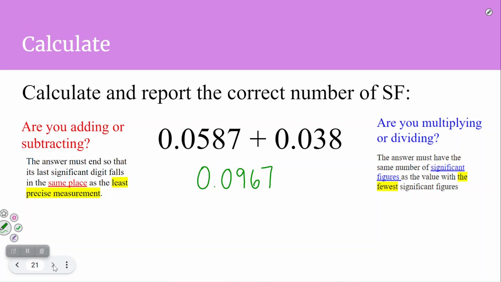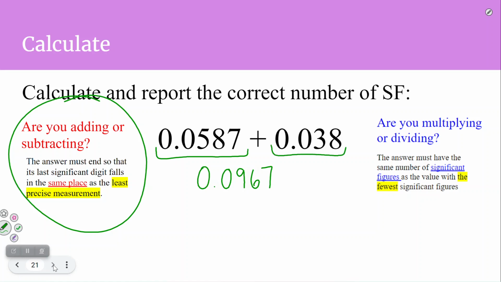So we're over at this rule: our answer must end so that its last significant digit falls in the same place as the least precise measurement. That means we're looking at how many places to the right of the decimal each one has, and then we round our final answer to have the same number of digits to the right of the decimal as our measurement that has the fewest.